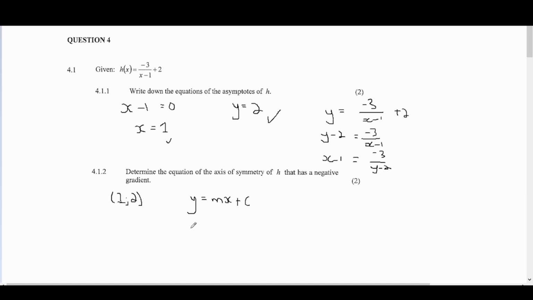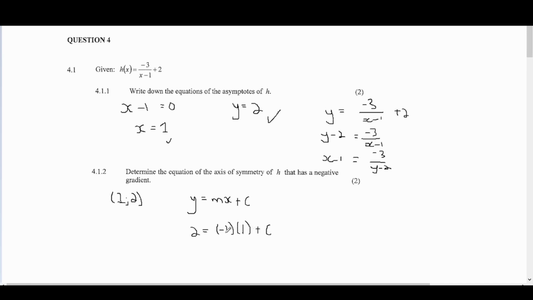So it becomes 2 equals m. M is given as a negative gradient, so we'll be using -1. Our x value is 1. And we don't have our c value, which is fine because we're using this to solve for it.